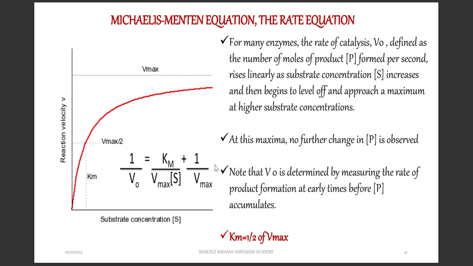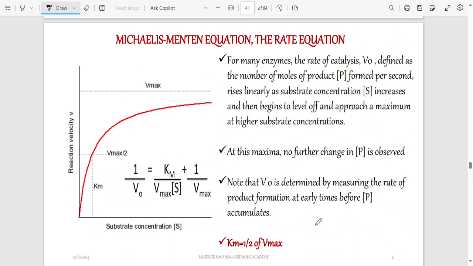And this equation, you have to know it. 1 divided by the initial speed is given by Km divided by the maximum speed, multiplied by 1 over the concentration of the substrate, plus 1 over the maximum speed. This equation has to be known. Now, this is a linear equation. You know that a linear equation is given as y = mx + c.